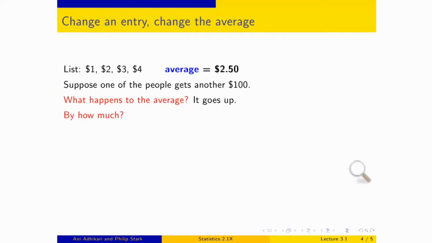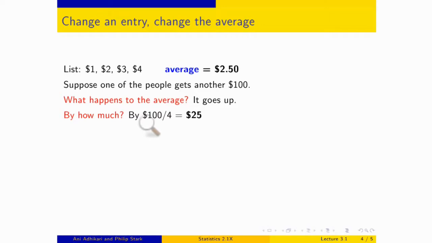Well, let's see. Can we calculate the average? Certainly, if I had told you which person had got the extra $100, you could have actually calculated the average and you'd have got an answer, but you don't really need to do that. All that we need to note is that that total pot of money has increased by $100, and that when the total pot is divided 4 ways, this $100 will get divided 4 ways.